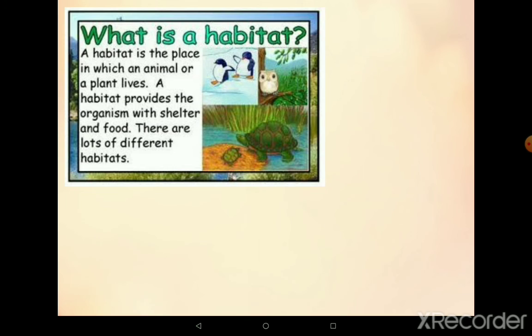When they are found in the biosphere, this environment becomes their habitat. You can see on the screen, a habitat is the place in which an animal or a plant lives. A habitat provides the organism with shelter and food. There are lots of different habitats.